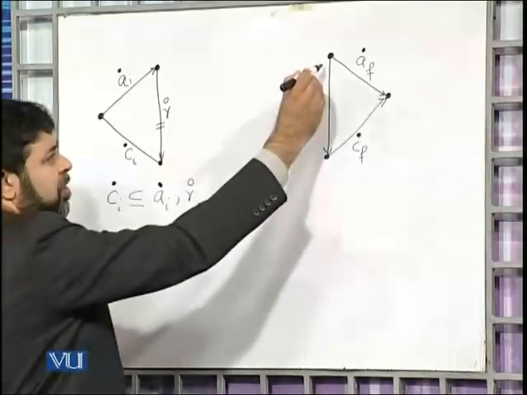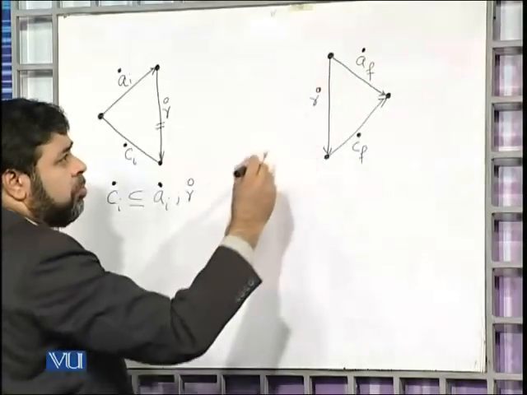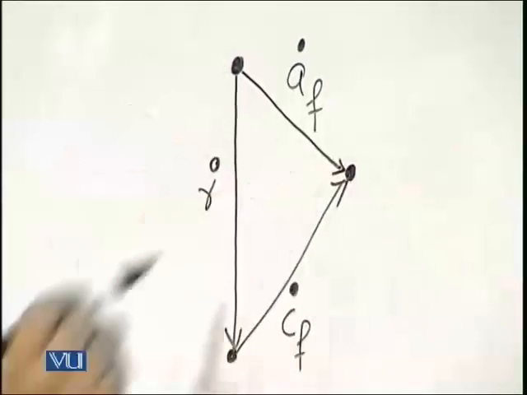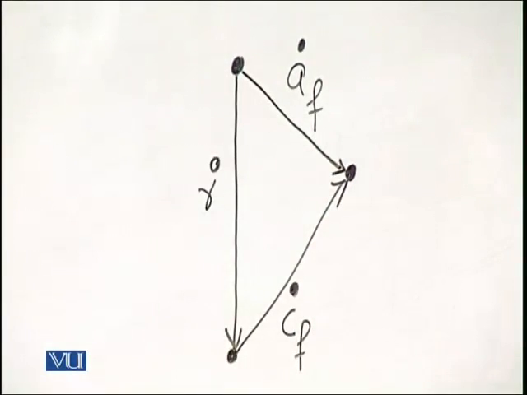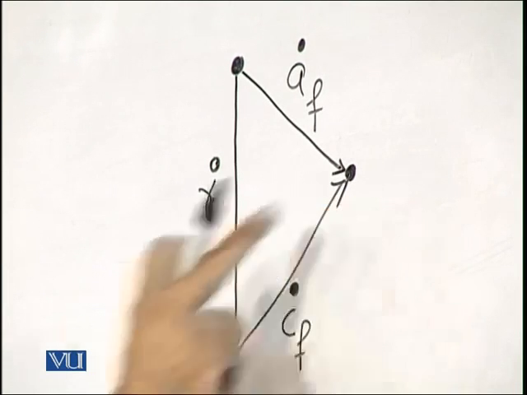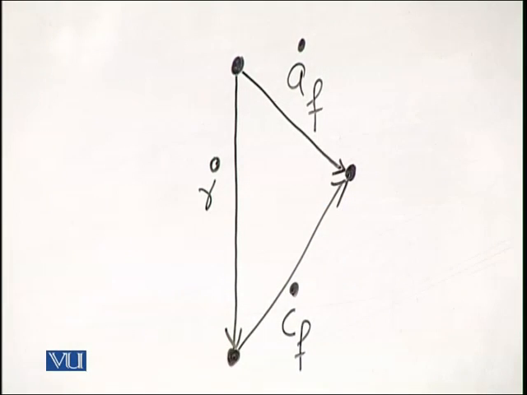My objective is that I am at this point, and from here I go to the final state after applying AF. And if I was at that point, application of CF should take me to the same point.